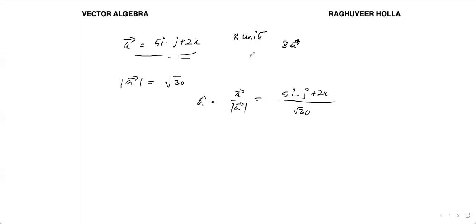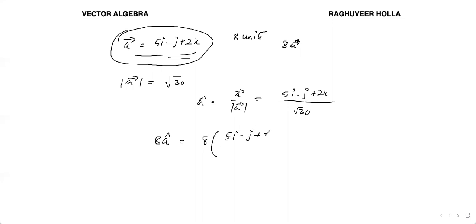Now this vector has a magnitude of 8 units. So this is 8a, which is equal to 8 multiplied with 5i minus j plus 2k by root 30.